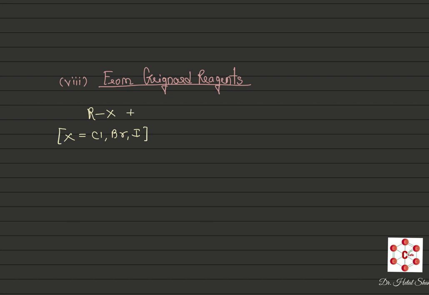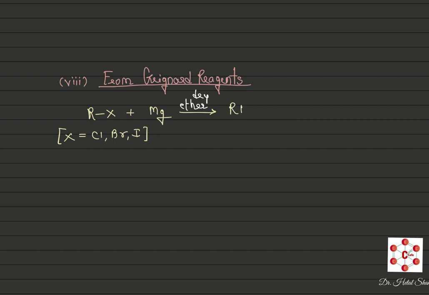This can be treated with magnesium in the presence of ether. They always write dry ether because a Grignard reagent is very sensitive to moisture. Now pay attention.